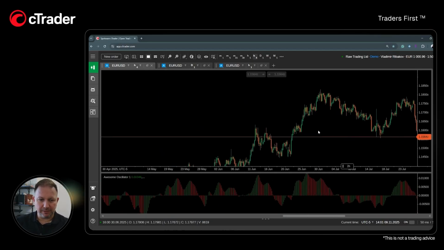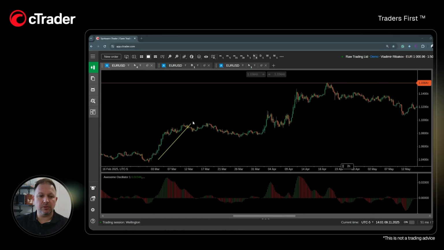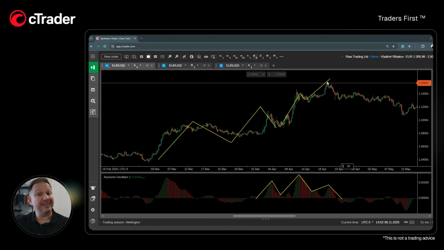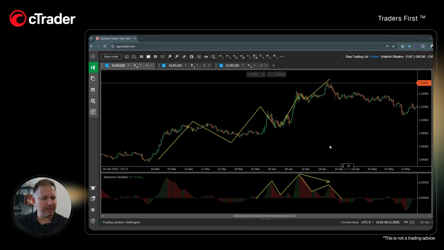For example, what I love to see is when the market is making a sequence of higher highs, higher lows, but then on the indicator you have this condition: high, then higher high, and then lower high, while the market did the higher high on the price. The indicator here indicates that something is happening and a potential trend change is coming. So this is like a head and shoulders or a mountain. You choose the name you want to go with.